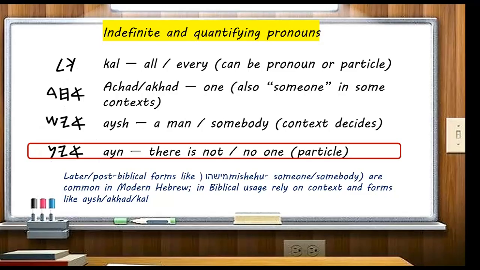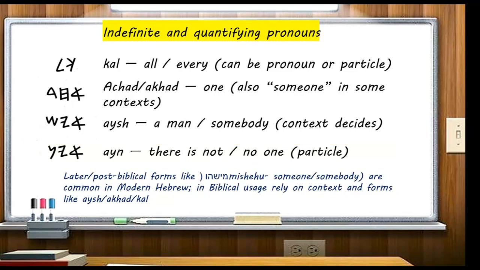So if you're going into Google, you may see mishehu. And these are more common in the modern Hebrew branch. The scriptural usage relies on context and forms such as aish, achad, kal. Okay, let's continue.